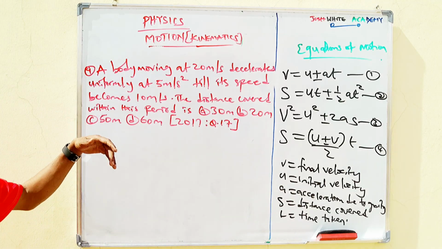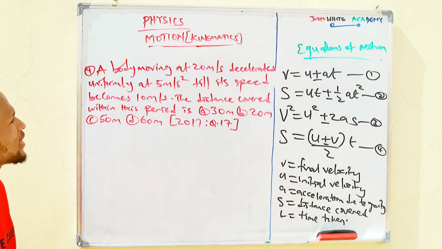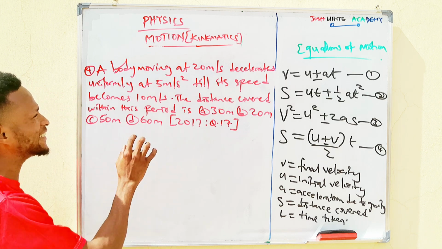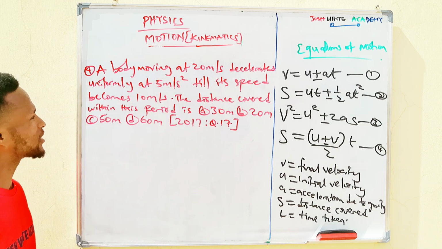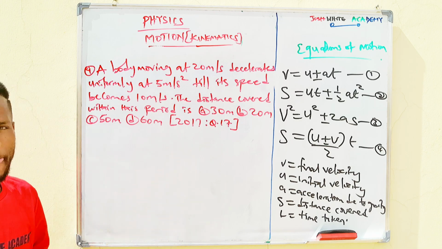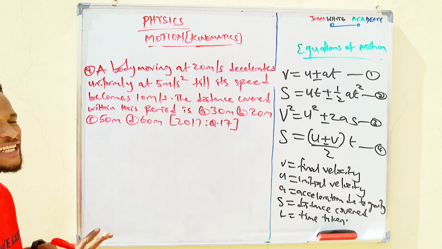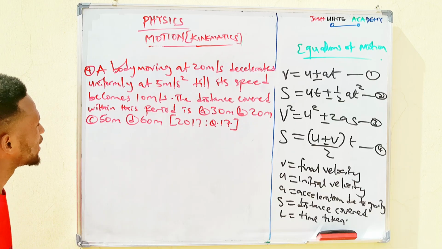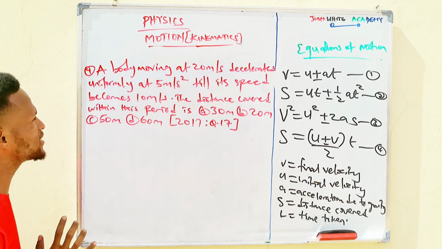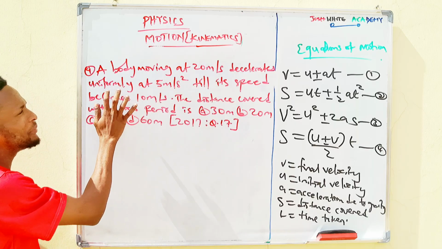A body moving at 20 meters per second decelerates uniformly at 5 meters per second square till its speed becomes 10 meters per second. The distance covered within this period is... Now, you must take note. A body moving at this, that's our initial velocity, decelerates uniformly.